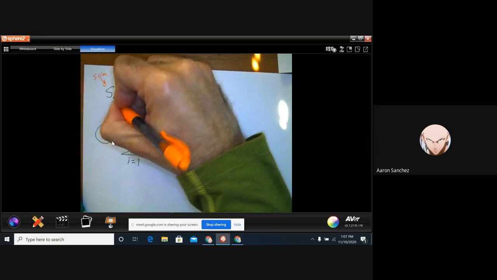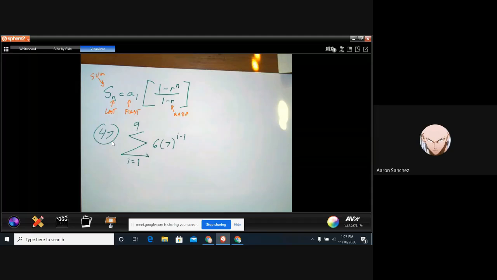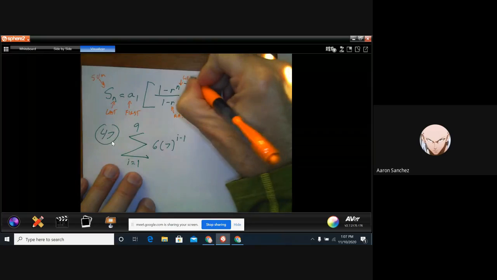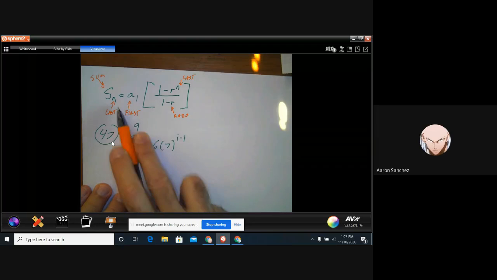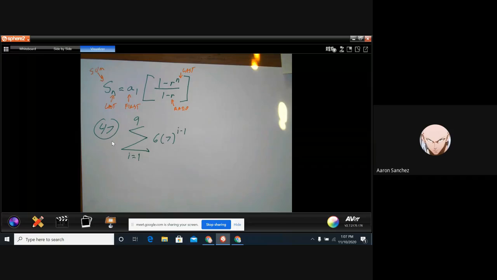The n is the last, and same with this n. So the n is going to be 9, because 9 is our last n. That's our first term, that's our ratio. We have to figure out the first term before we do all this. I'm giving you guys a second to write this out. This will be our last problem.